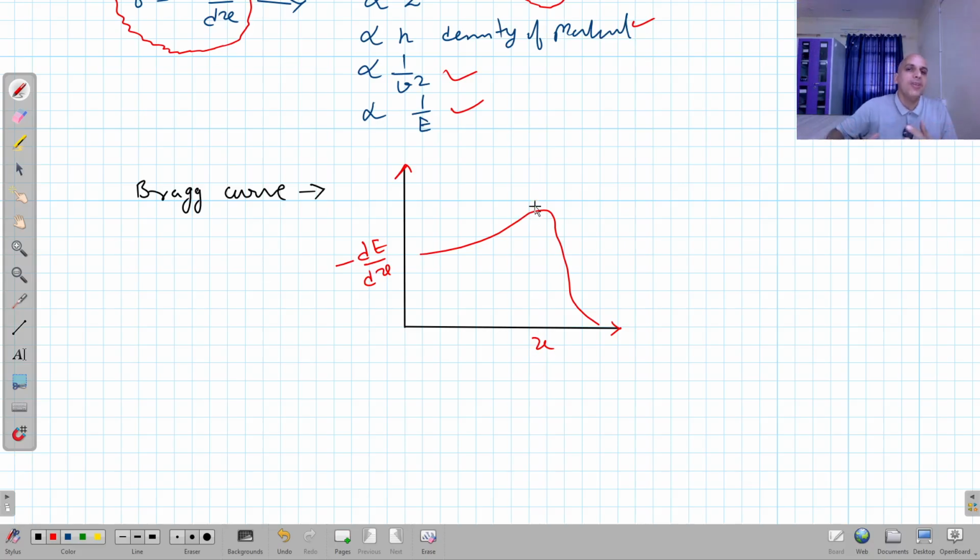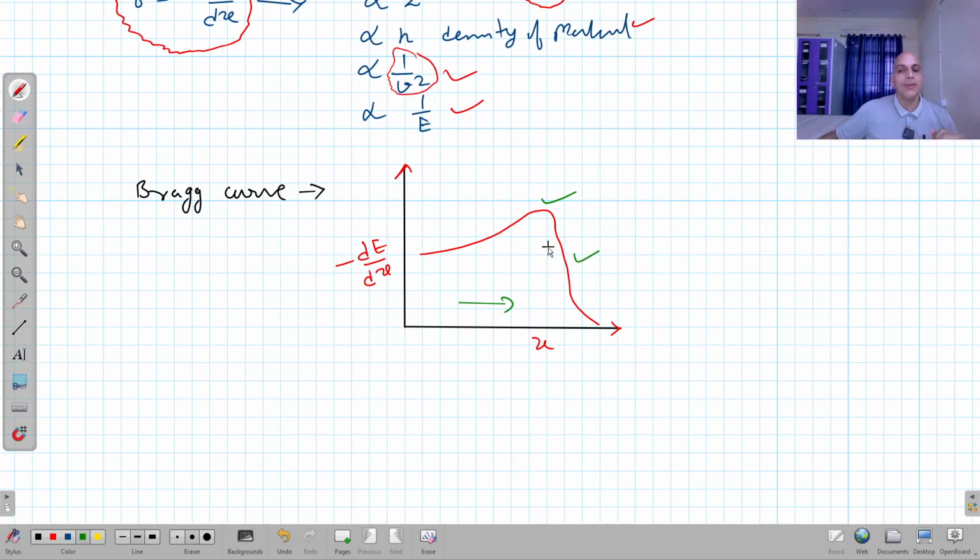Why is it increasing? Because it is dependent on velocity. And as the particle loses its energy, its velocity decreases. So when the velocity decreases, the energy loss increases even more. And that's why as we proceed further in the medium, the energy loss becomes more and more, because the velocity of the particle is decreasing.